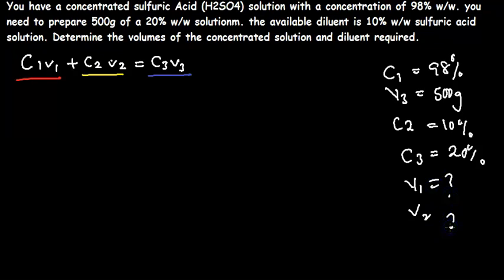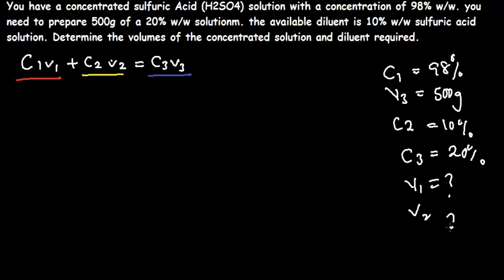So what are we asked to find now? We're asked to find the volume of the concentrated solution, since we said C1 and V1 are the concentration and the volume of the concentrated solution. C2 and V2 are what? The concentration and the volume of the diluent.